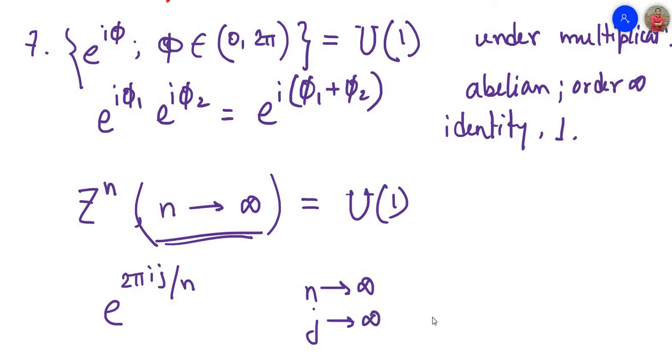So this is a bit of detail, the absence of which might have caused some confusion. I just wanted to clarify it. Under this limit, this element of Zn corresponds to an element of U1.